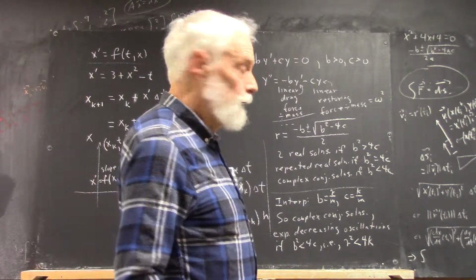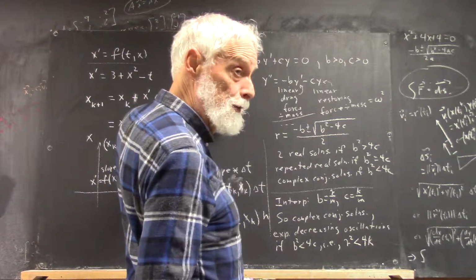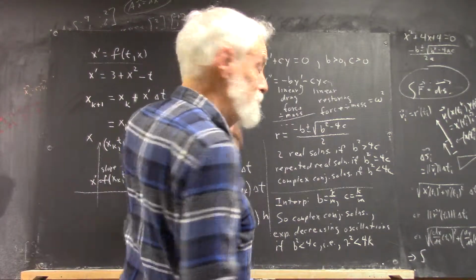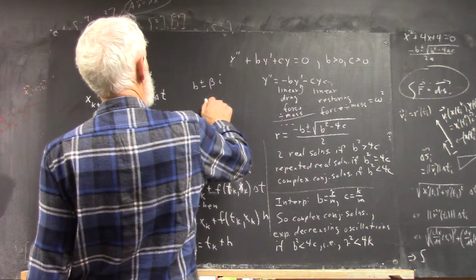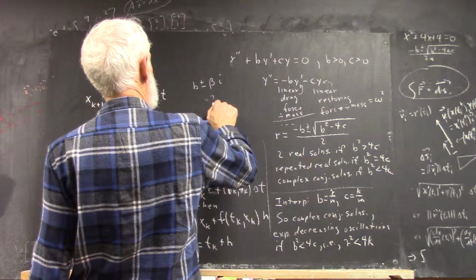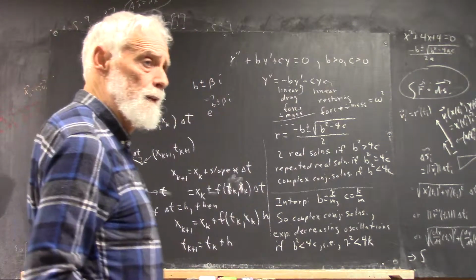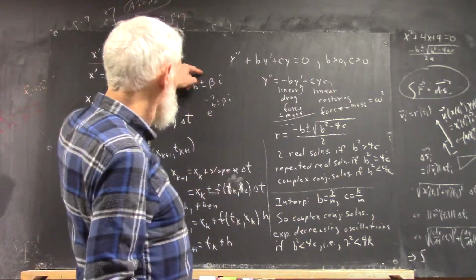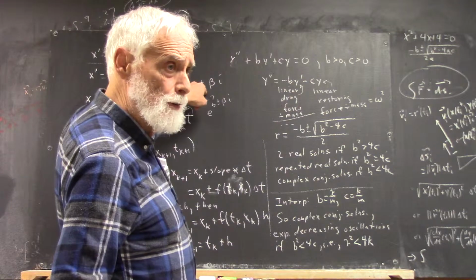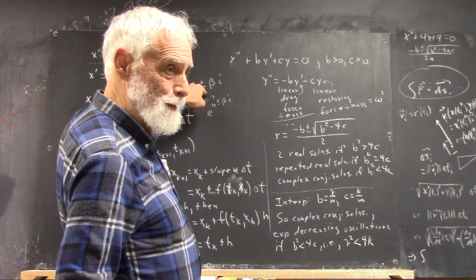Complex conjugate solutions, that's your plus or minus on your imaginary. What does conjugate have to do with it? The plus and the minus give you conjugate solutions.